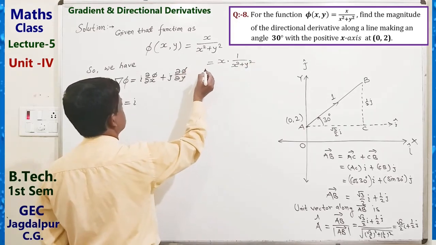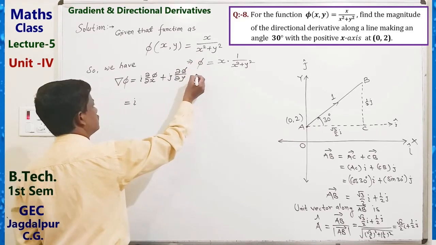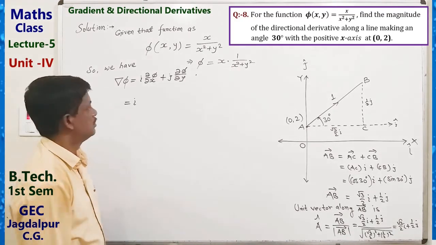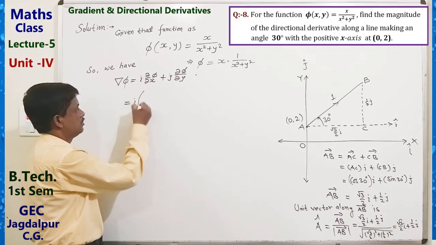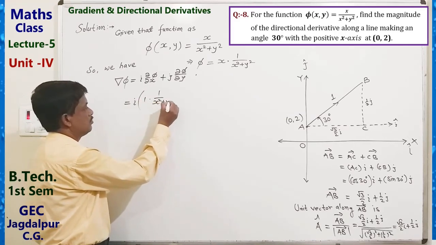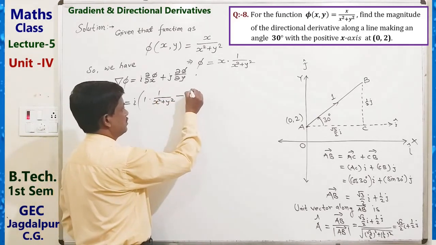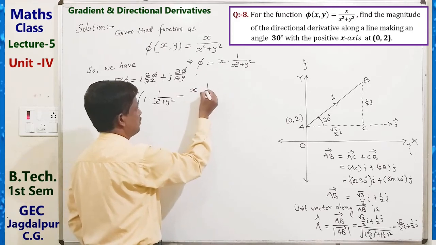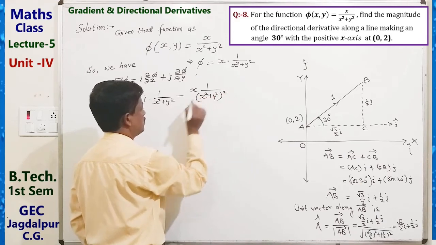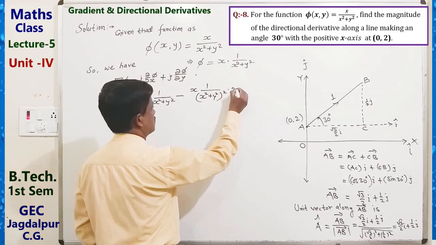Phi is a product of two functions, first function and second function. So partial differentiation: first function times the derivative of the second function, 1 upon x square plus y square, minus first function times the derivative of this, 1 upon (x square plus y square) square into 2x.